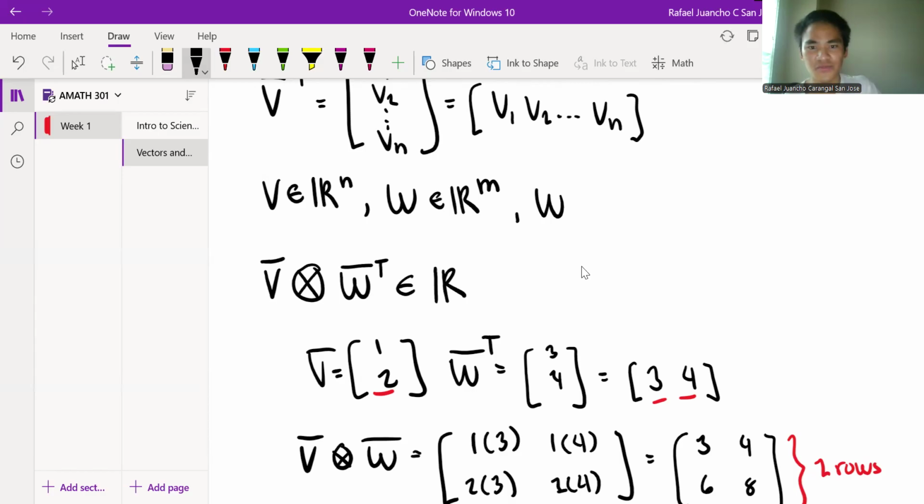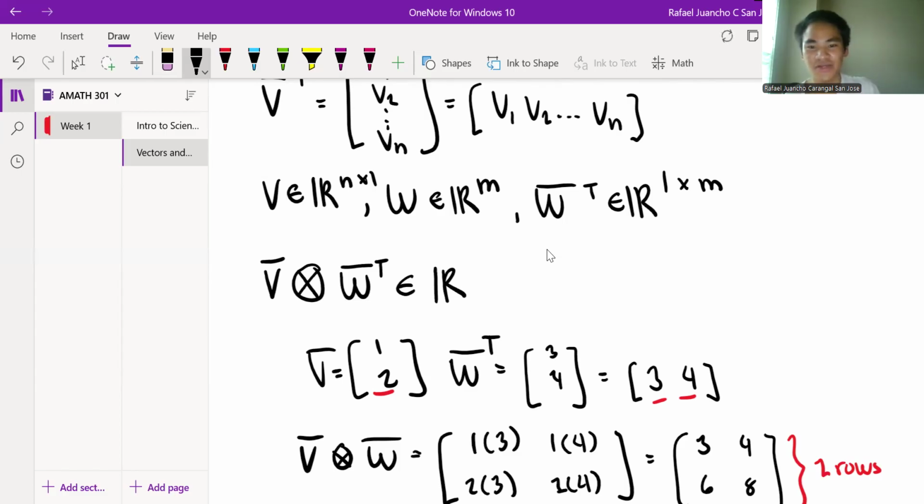The moment we transpose this thing, well, this will now give us what? From M by 1, it's going to be 1 by M. This one stays N by 1, right? So that's what happens if we transpose this thing.